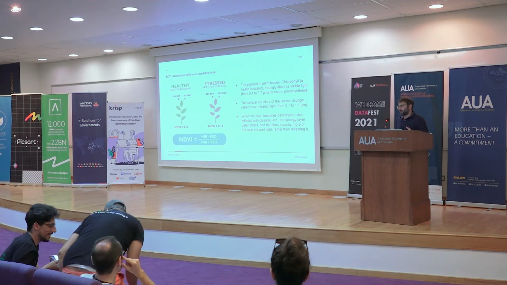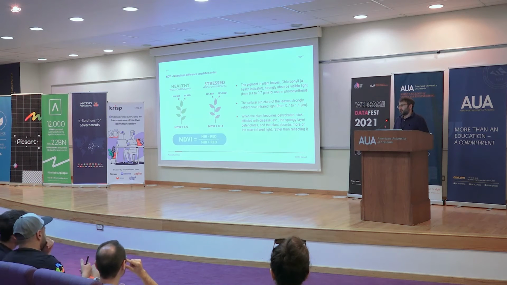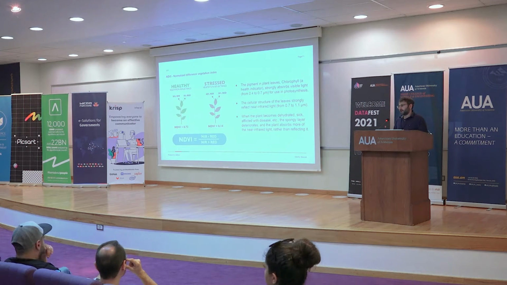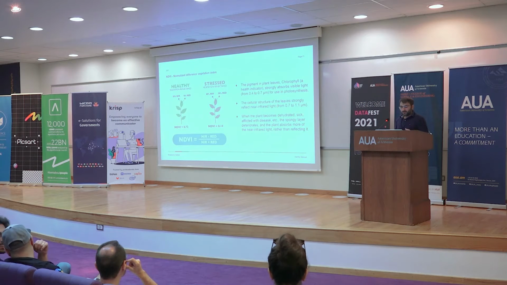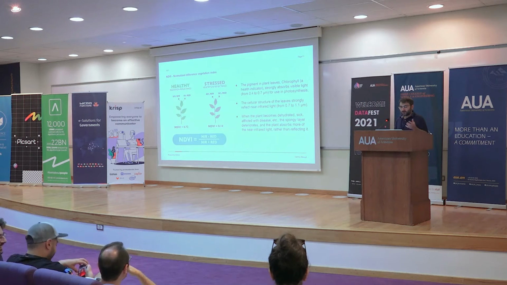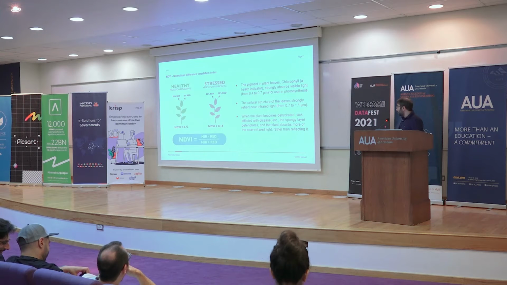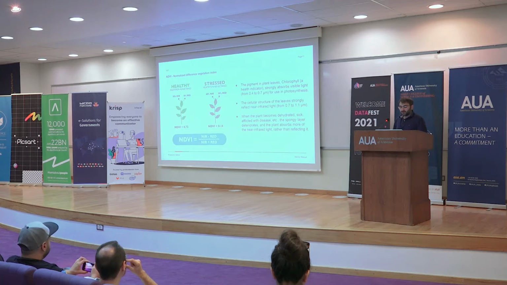Since people started to use satellite imagery and it became popular, there was research to understand how we can measure vegetation using the imagery, and they came up with so-called vegetation indexes. One of them, very famous, is the normalized difference vegetation index. Here you can see its formula.